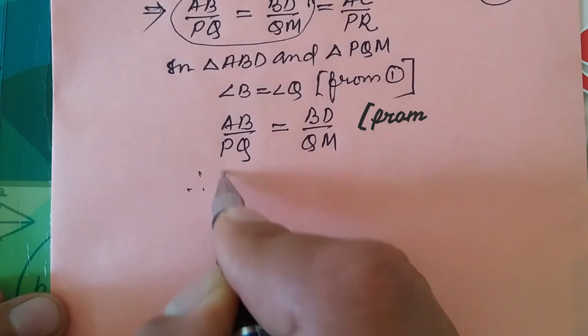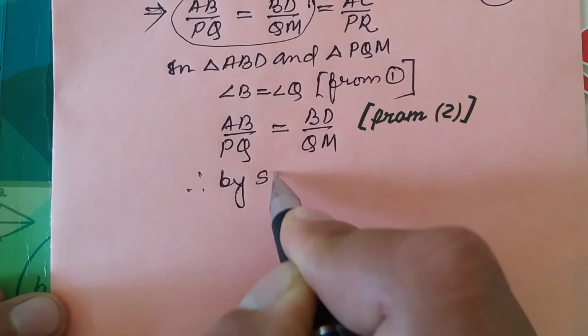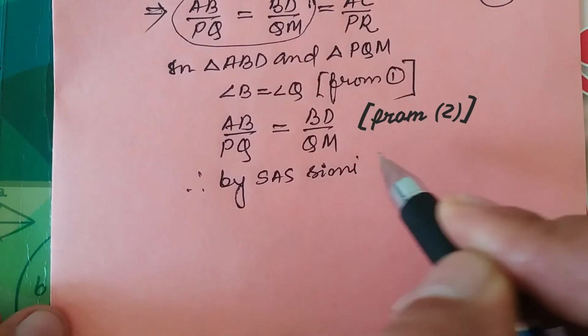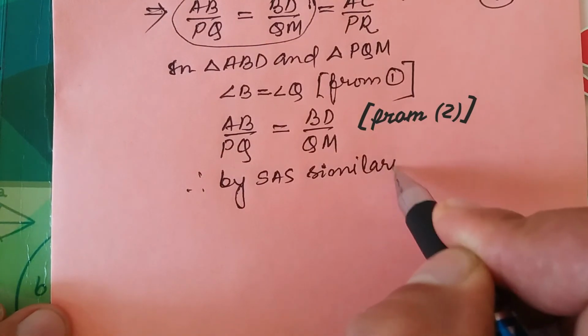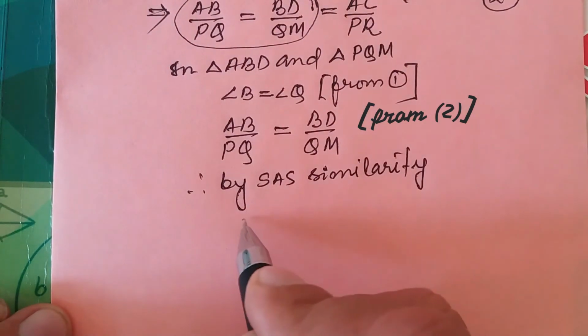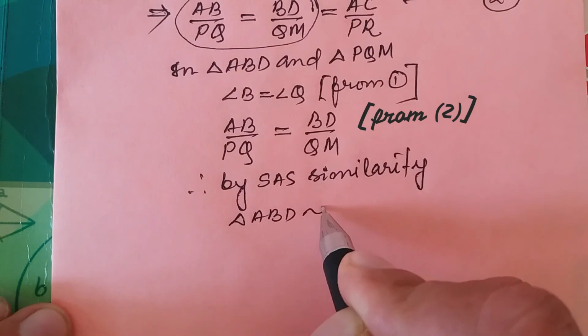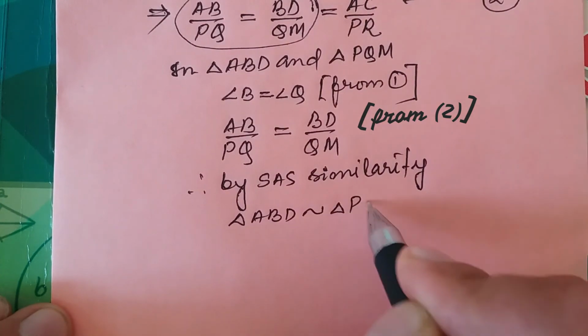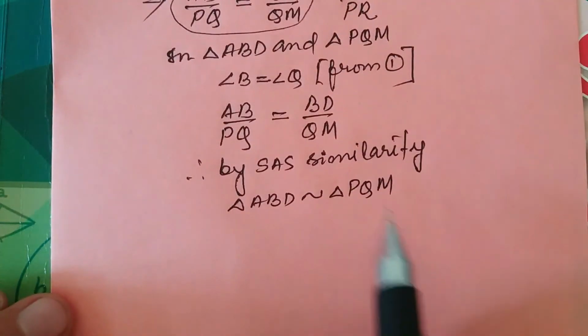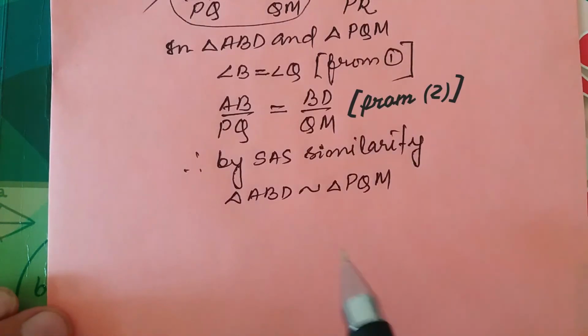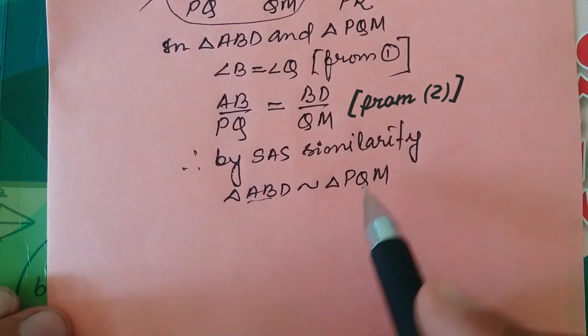Therefore by SAS similarity, triangle ABD is similar to triangle PQM. Now since these two triangles are similar, the corresponding sides will be proportional. So the corresponding side of AB is PQ.